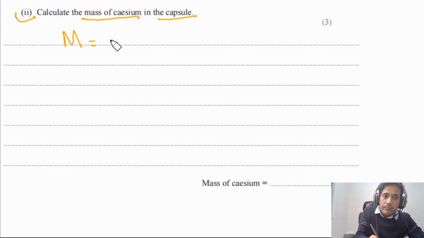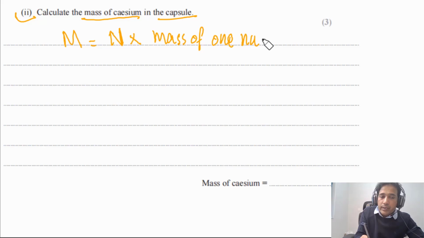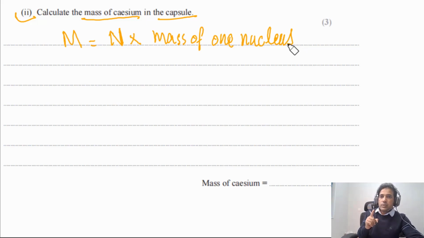So if we can find out the total number of nuclei of cesium and we have the mass of one nucleus, we can find out the total mass. And the mass of one nucleus we can find out because this is cesium-137.